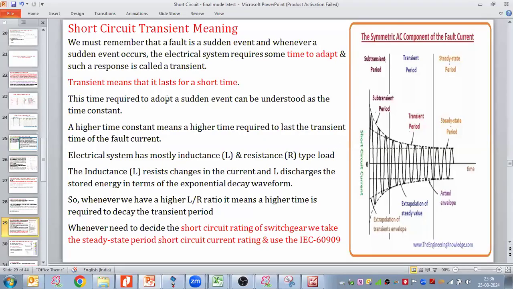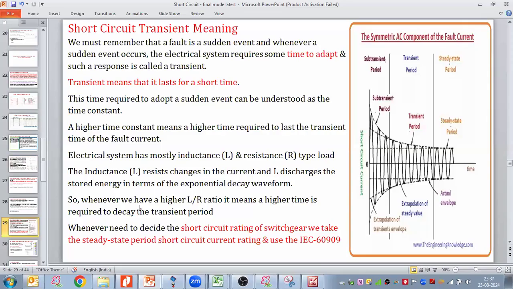The time required to adapt to a sudden event can be understood as the time constant as well. A higher time constant means a longer time for the transient of the fault current to last. An electrical system mostly has inductive and resistive loads. The inductance L resists changes in the current, and discharges the stored energy as an exponential decay waveform.